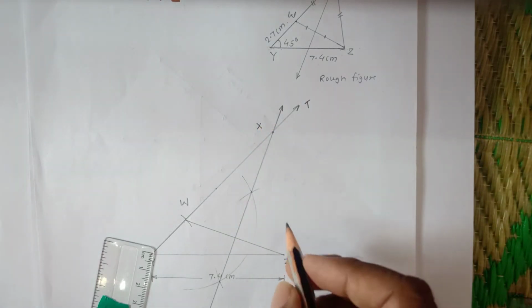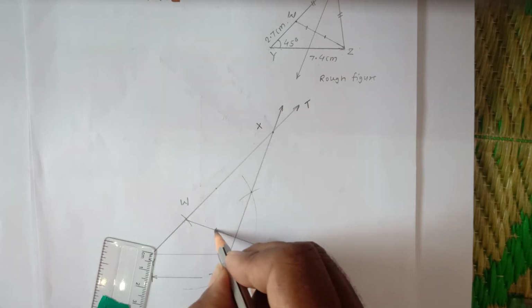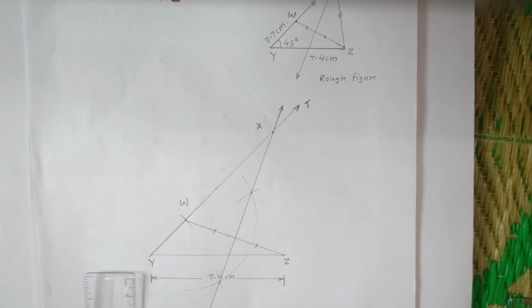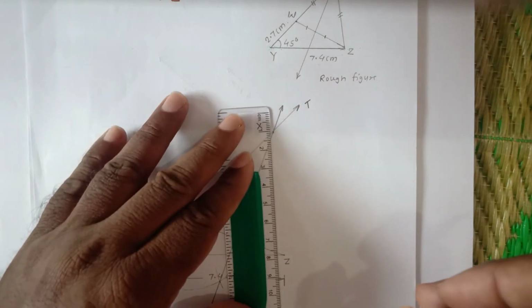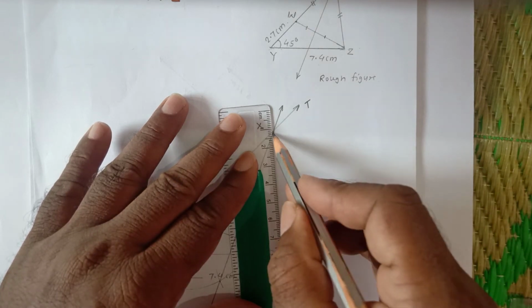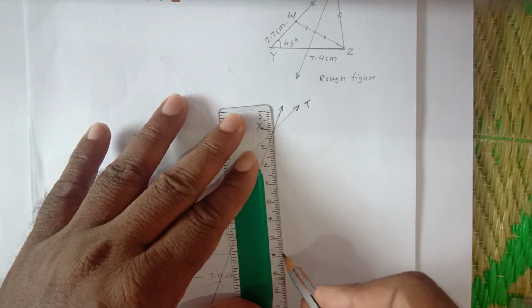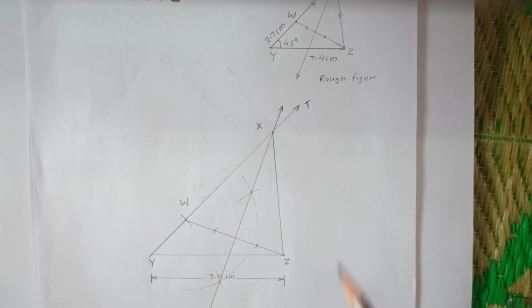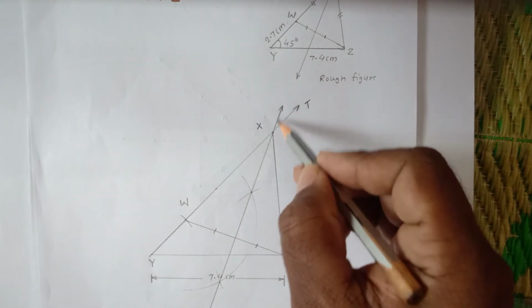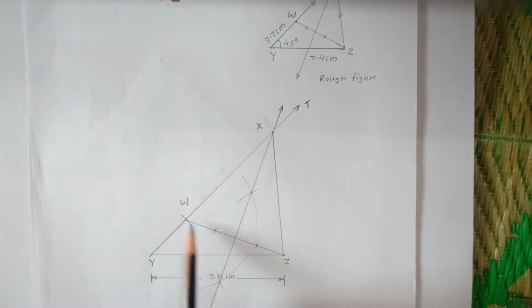This is the perpendicular bisector, therefore these two segments are congruent. Now join the points XZ. So point X is on the perpendicular bisector of segment WZ.